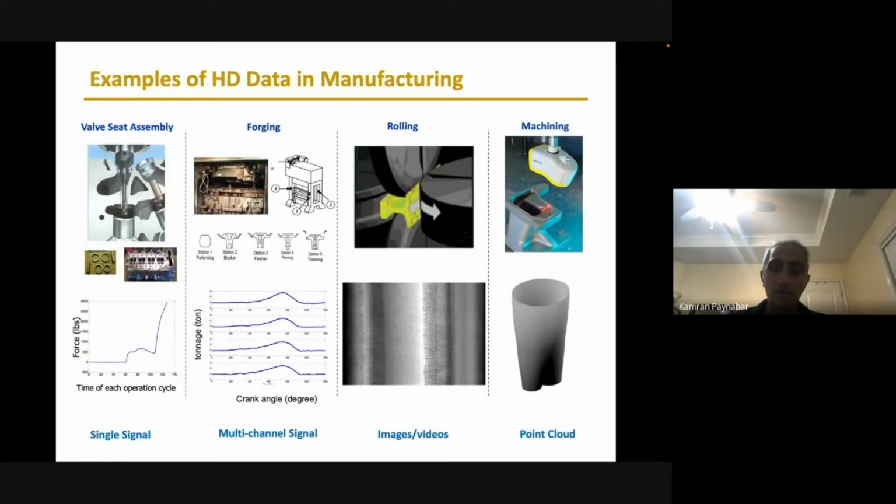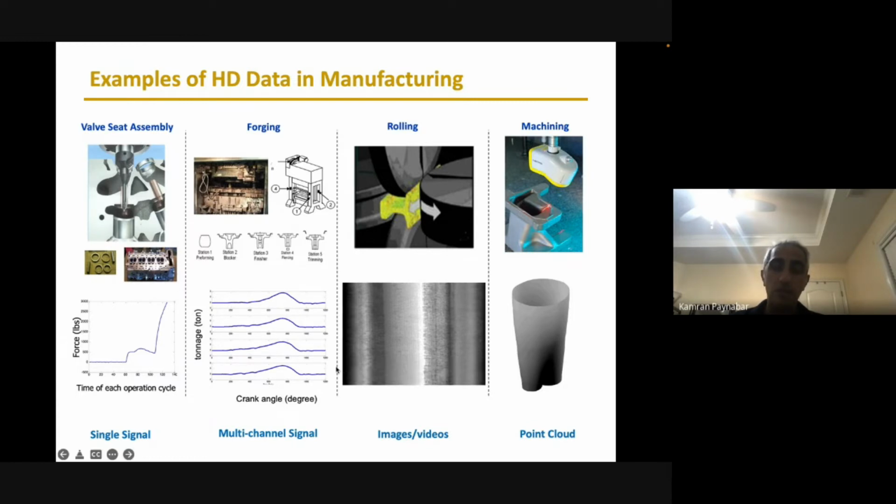Here are some examples of high-dimensional data. In the valve seat assembly process, for example, at each operation we have a force profile. This is a sensor measuring the exerted force in each operation. In forging, we have a multi-channel signal. This is functional data, which is high-dimensional, because each point in this function can be considered as one dimension.